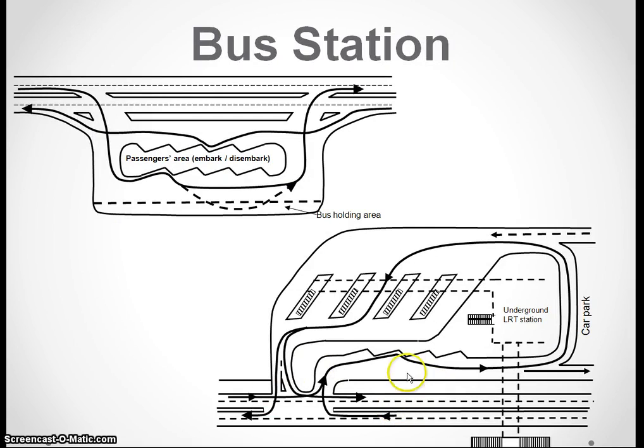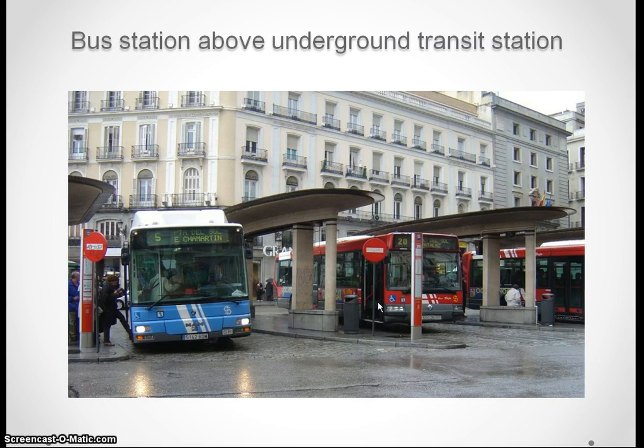You can go something like this, and then the same thing, unload passengers here and then load new passengers here. This is an example of a bus station above the underground transit station. I took this picture in Madrid about, I think, six years ago. So underneath of this bus terminal is actually a metro station.